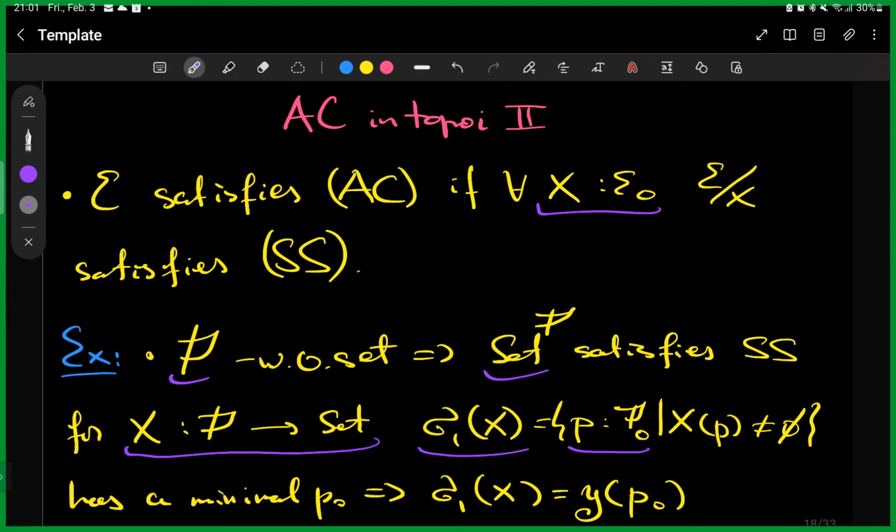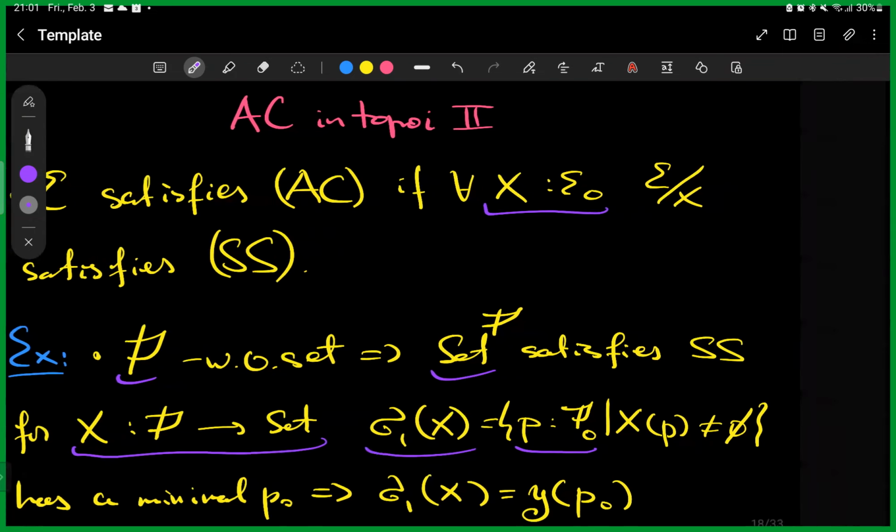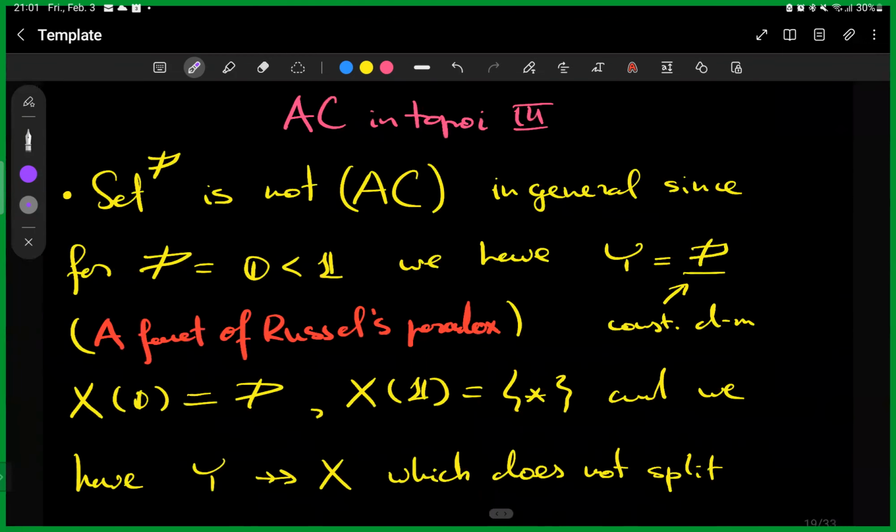But this topos of functors does not satisfy the axiom of choice. So it is a facet of a Russell type paradox that if we have a category of functors like that, we can consider a very simple well-ordered set which just consists of two elements, and we can consider y, which is a constant diagram which corresponds to this set itself, and we can also consider an x which has the following two values.